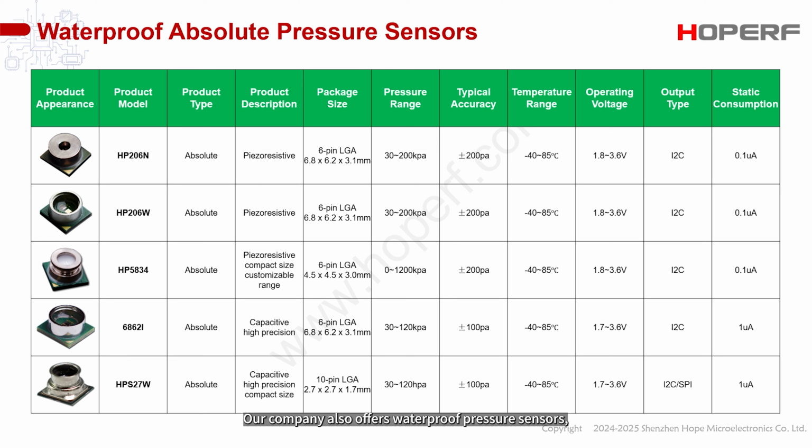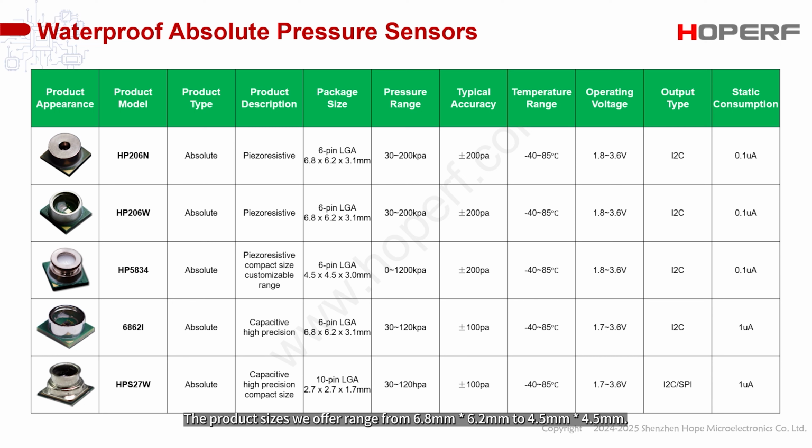Our company also offers waterproof pressure sensors, all of which are of the absolute pressure type. The first 3 are piezo-resistive pressure sensors. The last 2 are capacitive pressure sensors. Similarly, for capacitive pressure sensors, the pressure range is narrower, but the measurement accuracy is higher.